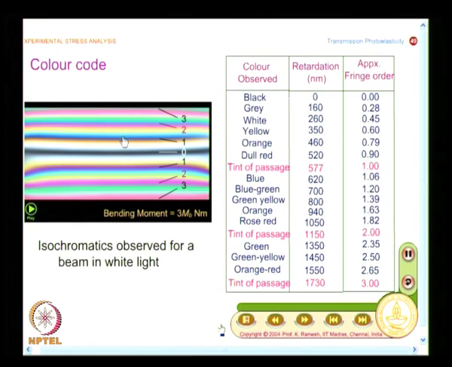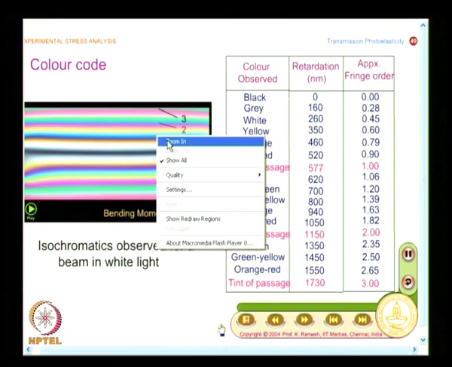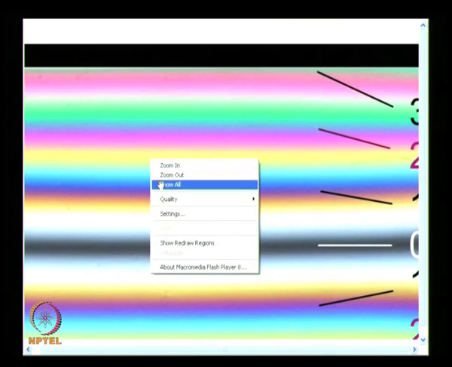You can tune your eyes to get this, and you can have a picture of how these fringes look. You have the variation here, and this gives an indication of how to find the gradient direction. In conventional photoelasticity, color was primarily used to find the gradient more than for quantitative estimation.